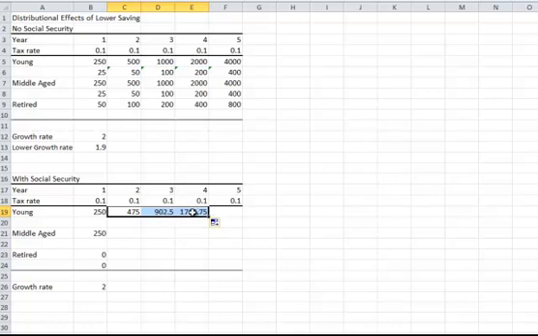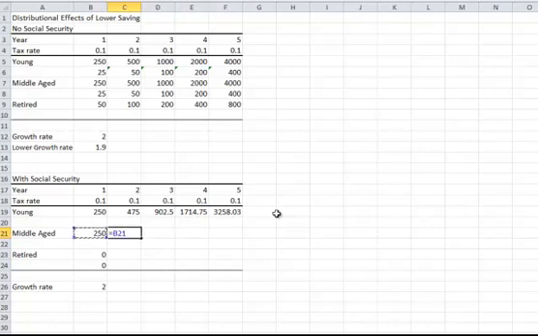In fact, let's just type that in there. I'm taking 902 times 1.9, and then I'm going to take the previous amount, have it grow at 1.9, and it goes 3258.03. Same thing here.